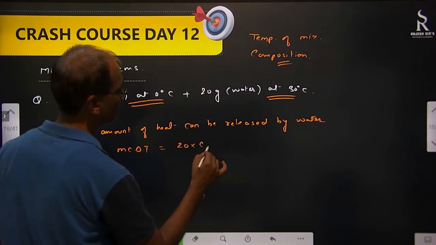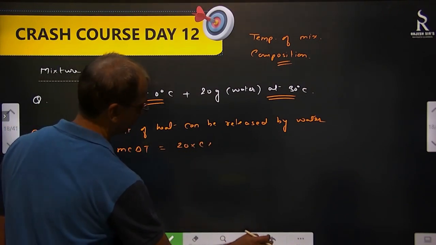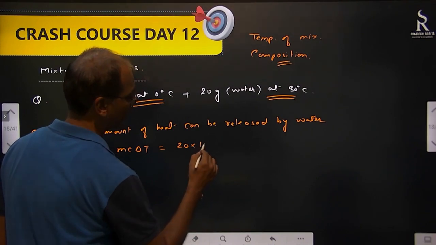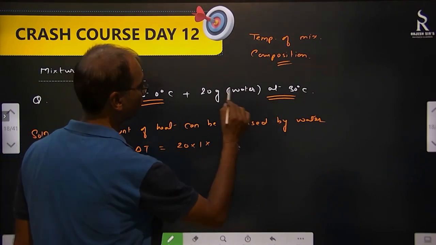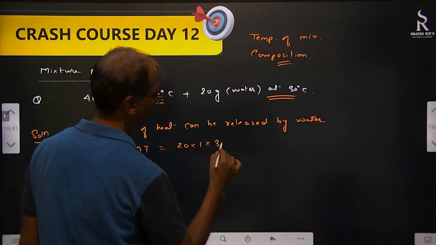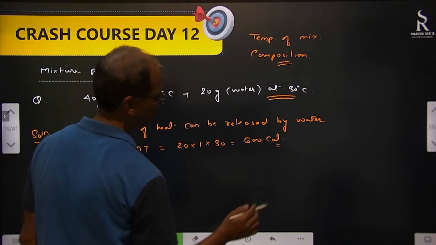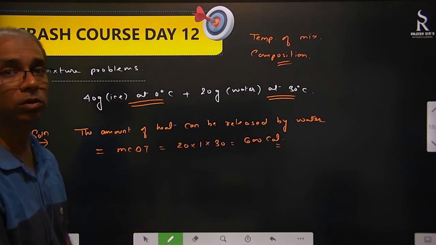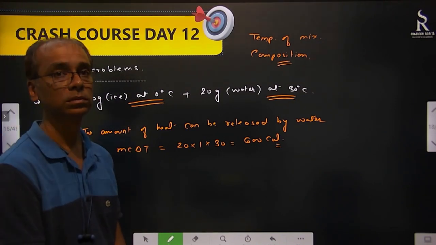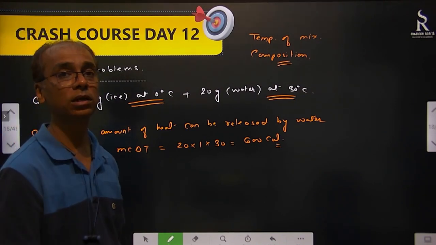Specific heat is 1. And delta T, 30 minus 0, that means 30. 600 calorie it can release if it fully goes to 0 degree centigrade.